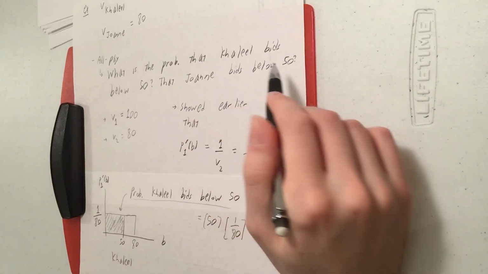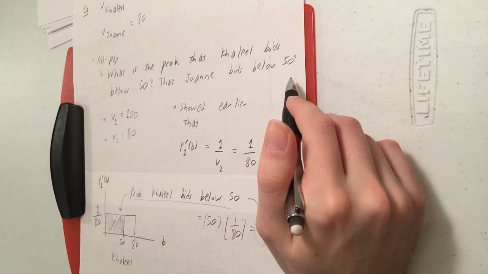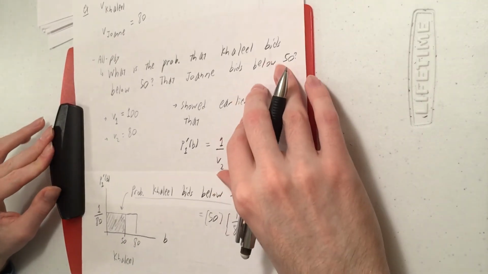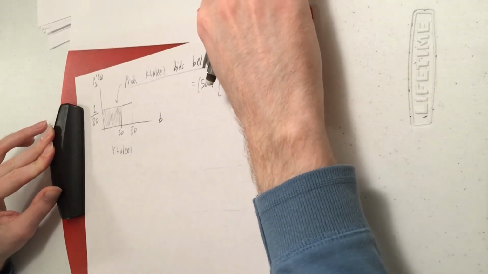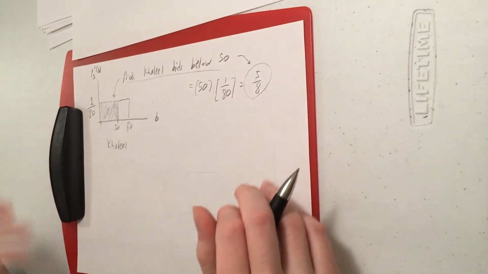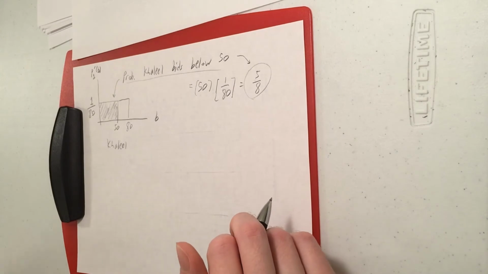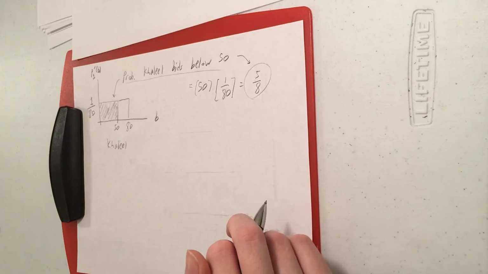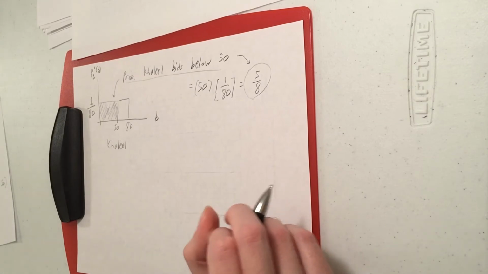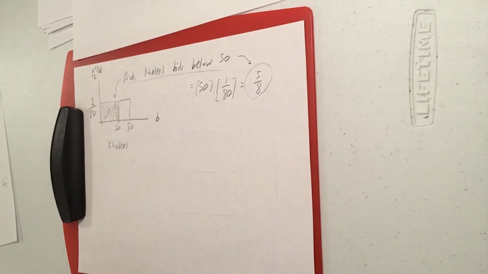I also asked, what's the probability of Joanne bidding less than 50? So we showed earlier that there's some probability that Joanne always bids 0, and there's some other probability that she bids something that's positive.